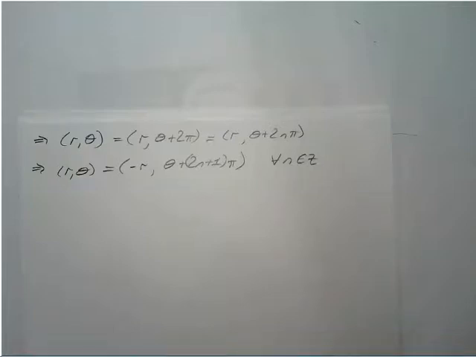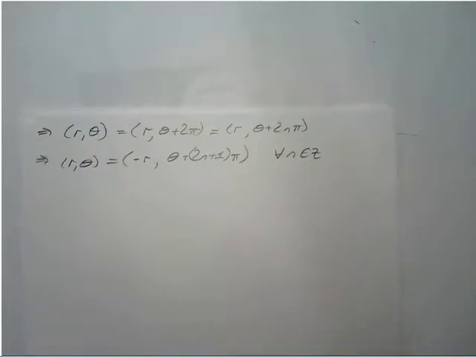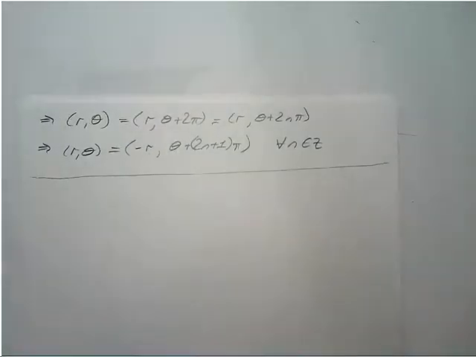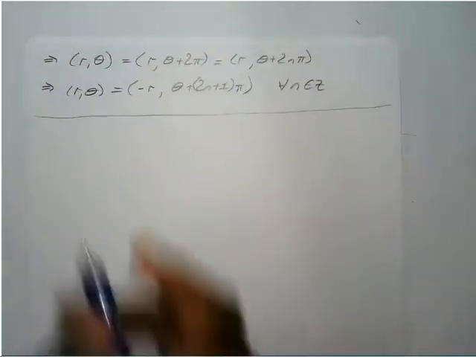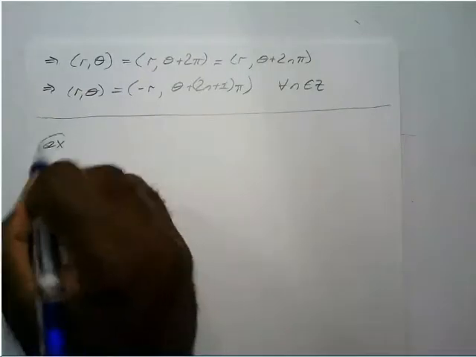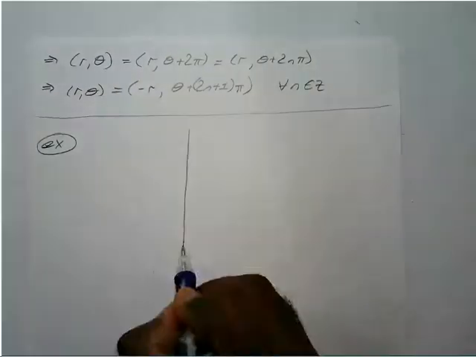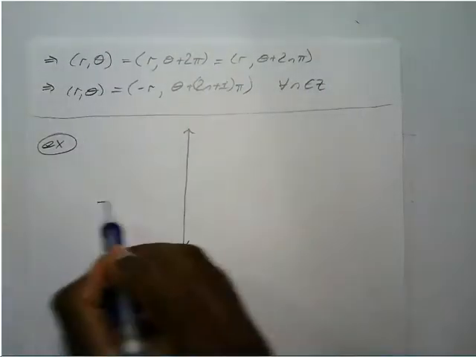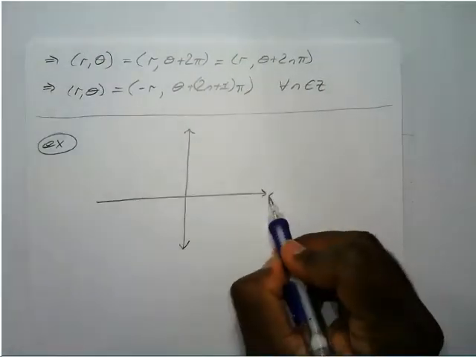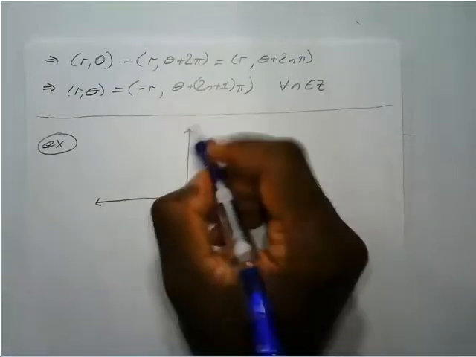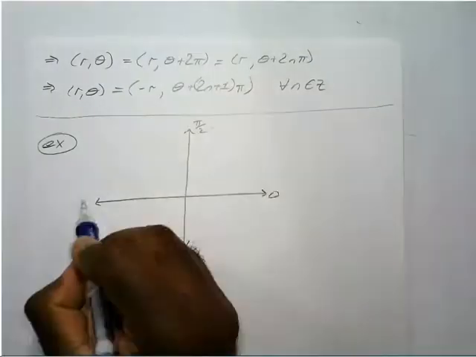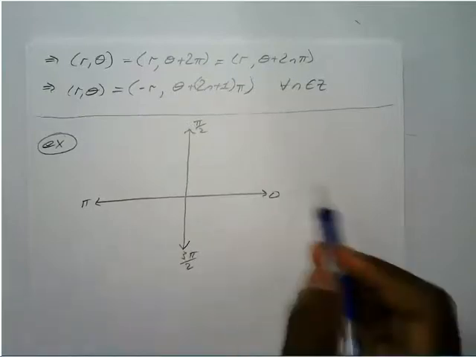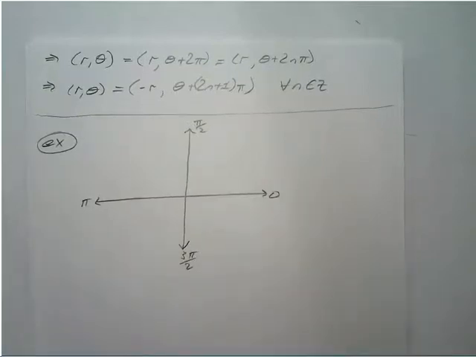All right, so let's write out a couple of examples to give you an idea of what that property would look like. For example, for polar coordinates, we have 0, pi over 2, pi, 3 pi over 2, and 360 degrees for a complete circle, or 2 pi.